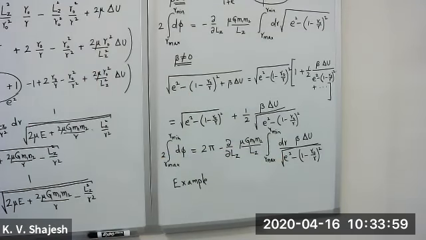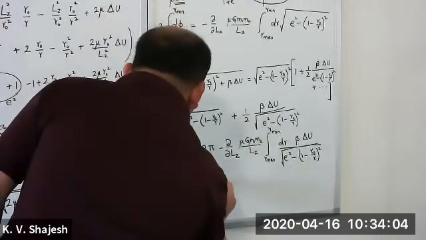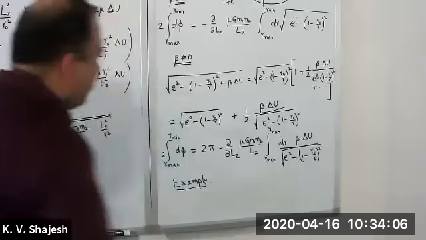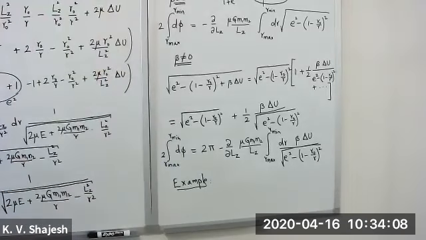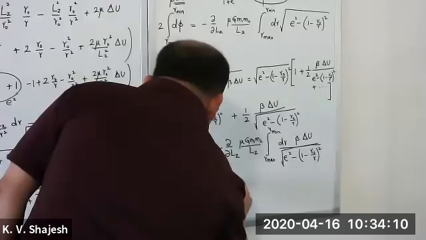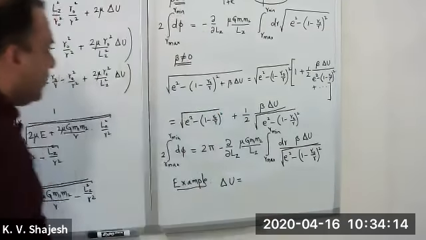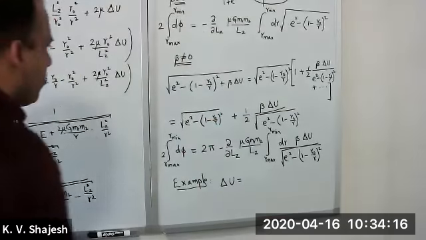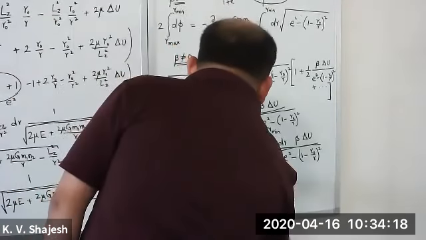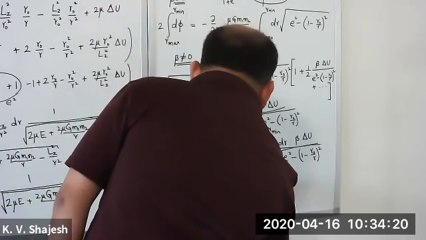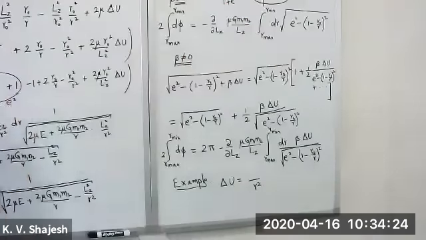So at this point, let's do an example. Let's do a very trivial example where delta u is equal to something divided by r squared. What should I put in the numerator?